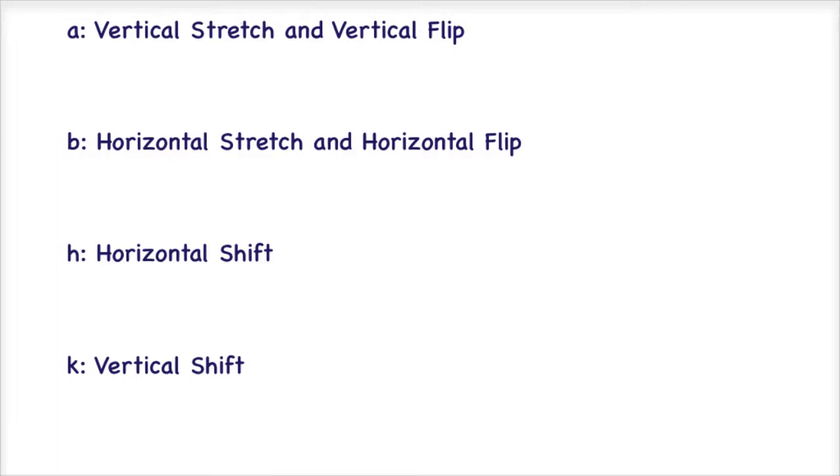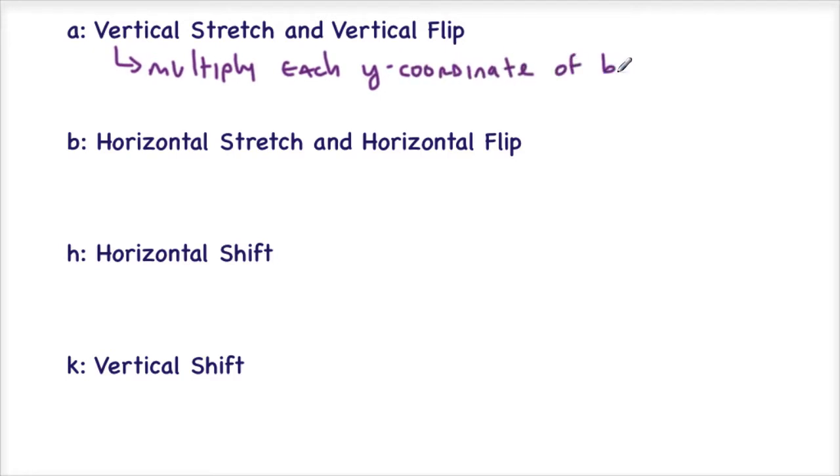And what we mean by the vertical stretch is, what we do there with A is we're going to multiply each y coordinate of the basic version of our graphs by A. And that is going to take our graph and stretch it either up or down.